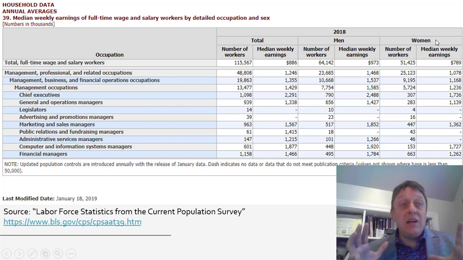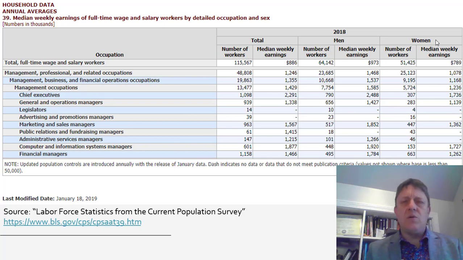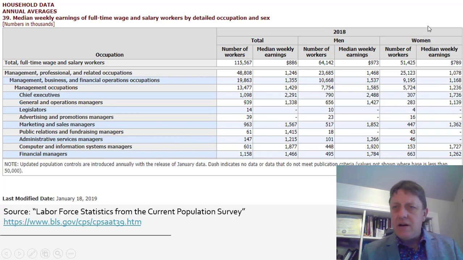So notice you really here have a few variables, right? And you need to think about, well, what is the outcome that you want to explain within what kind of story that you're telling. So we have the number of workers overall, and then we have the number of workers that are men and the number of workers that are women.